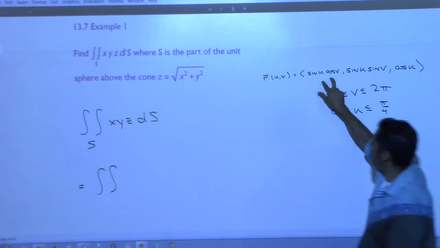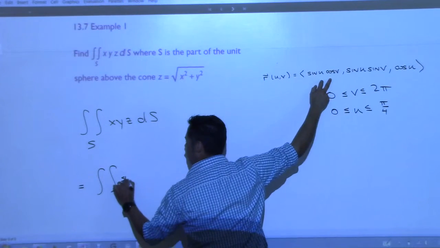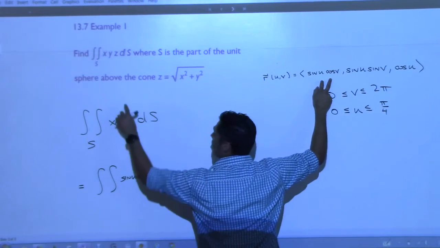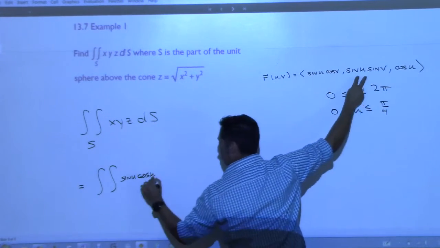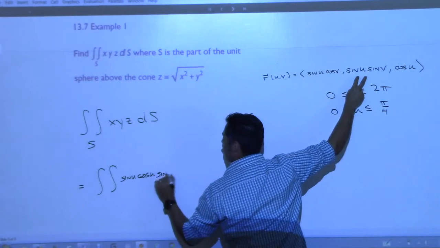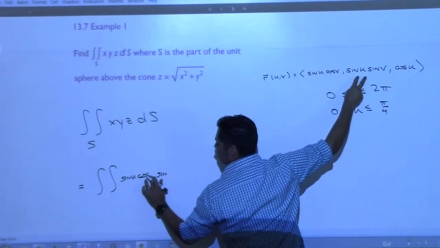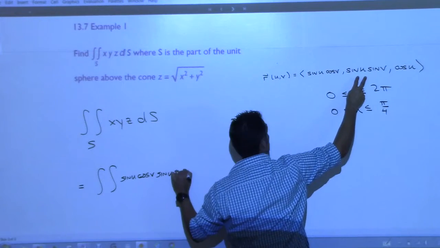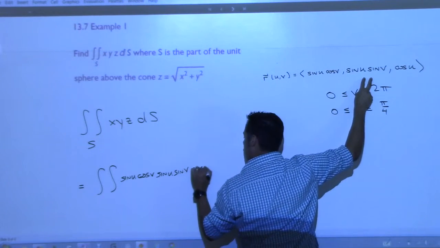So I need to take this, sine u cosine v, times y, which is this one, sine u sine v, and then cosine u.